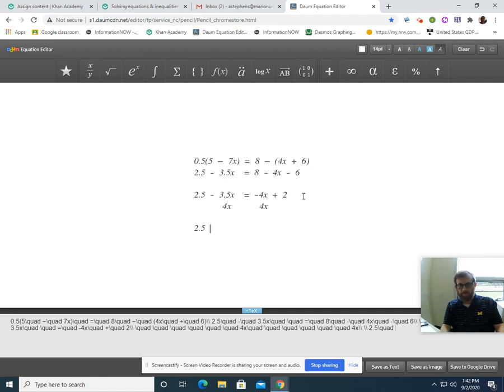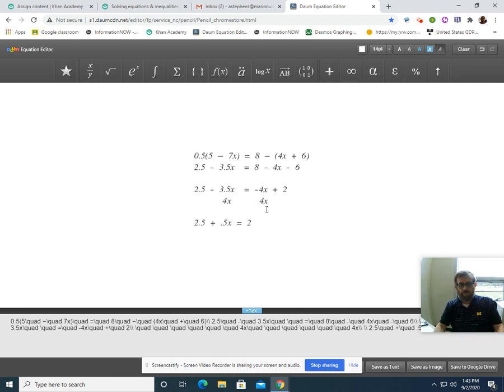Now, negative 3.5 plus 4 is positive, so it's plus 0.5x. And then that's going to equal the negative 4x and the positive 4x out to 0, so all I'm left with is a 2. I'm then going to add negative 2.5 to both sides.